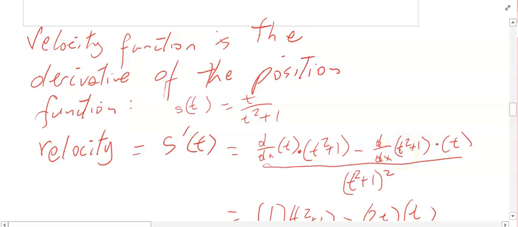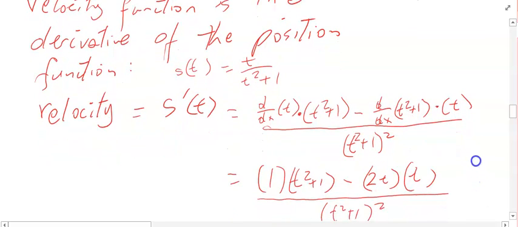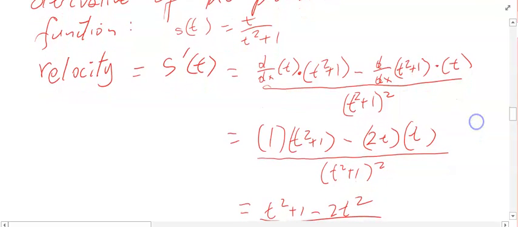Then we plug in what we have for each of these items. The derivative of, this should be d dt. I wrote the x here, but these are d dt's because our input is t.